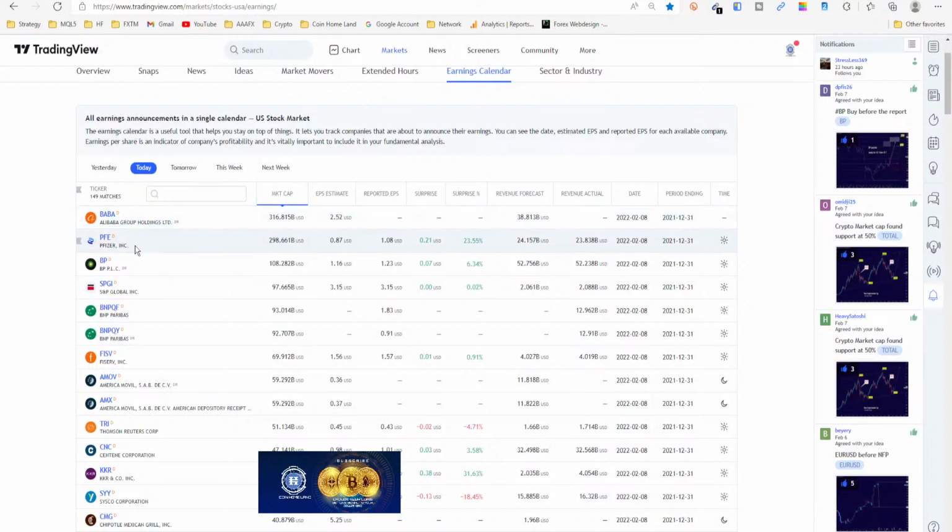Pfizer, of course, did very well, a surprise: 23.55 forecast, revenue forecast 24.15, revenue actual 23.8 billion. That's only a quarter. Imagine how much they make in a year. Market cap shot up to 298.